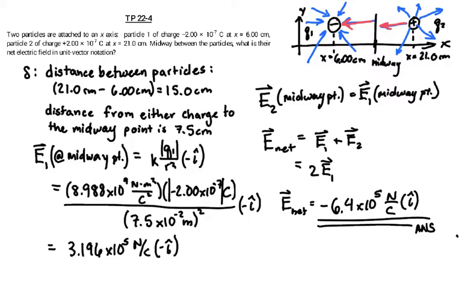Two things to note. Notice how here I have a positive number but with a direction in the negative I hat direction. I can move that negative sign out in front. And that's what I did. Notice I only have two significant figures, and that is because of the way I calculated the distance from our particle to the midway point. And it's the nature of looking at the significant figures listed here in the distance between the particles.